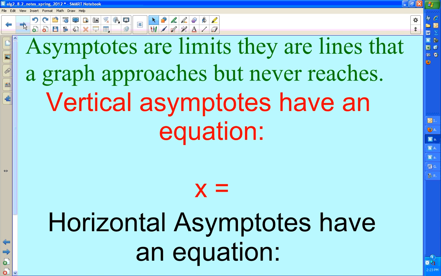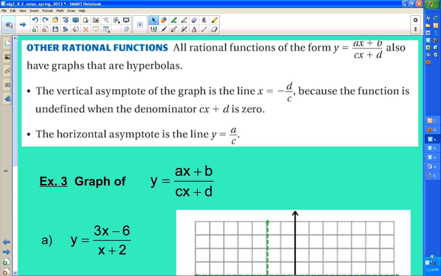So in order to find your vertical asymptote, what we want to know is what's the value of x that's going to make your denominator equal to 0. The vertical asymptote has to be x equals, and it's the value of x that makes the denominator equal 0. It depends on what your denominator is. For example, if it's x plus 2, it's not 0 that makes this denominator 0.